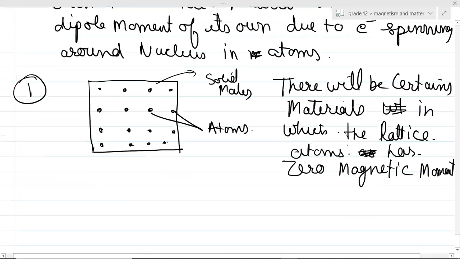There will be certain materials in which the lattice atoms have zero magnetic moment, because can I say this thing?